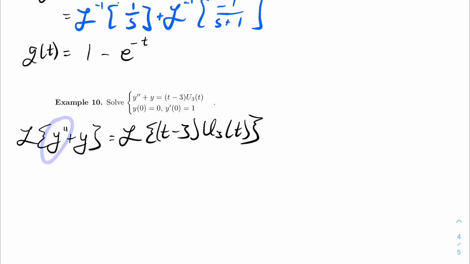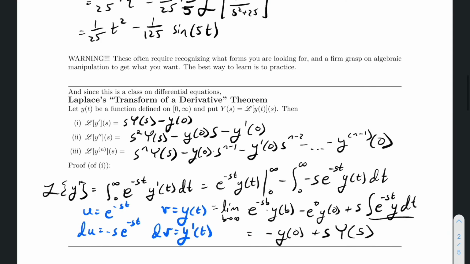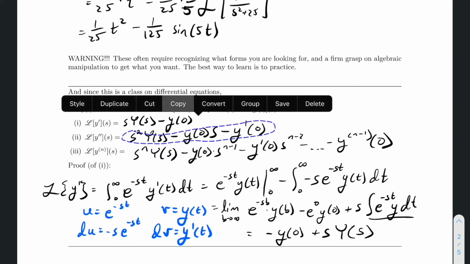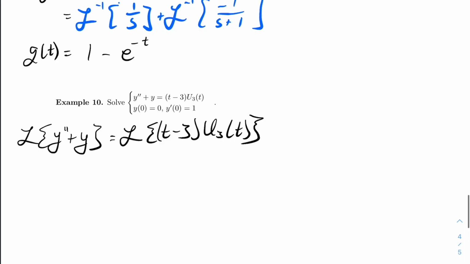We're going to need to know the Laplace transform of y double prime, so let's refer to formulas. The Laplace transform of y double prime is equal to s squared Y of s minus y of 0 times s minus y prime of 0.